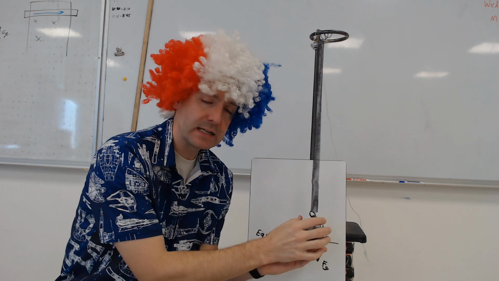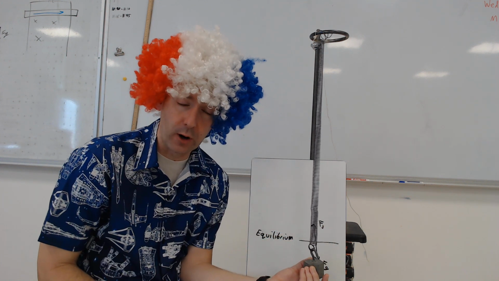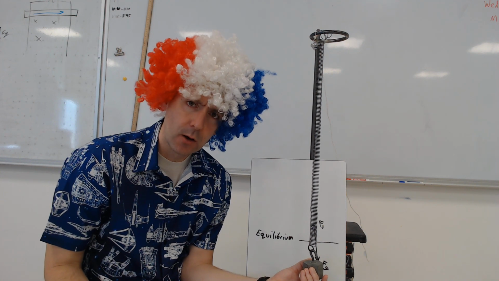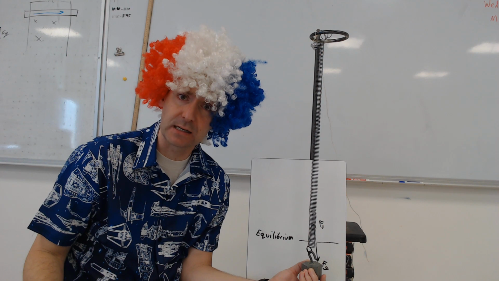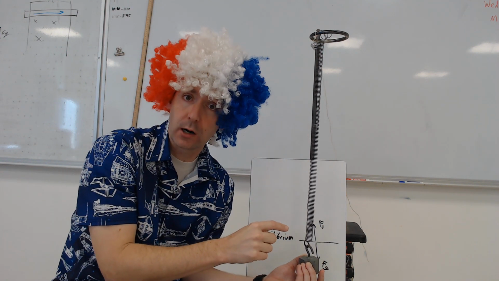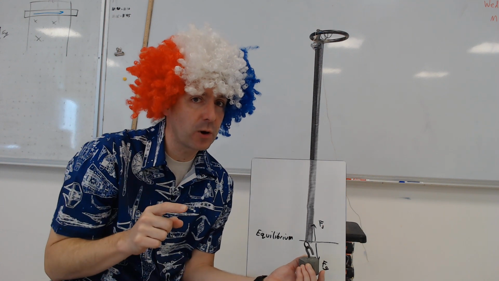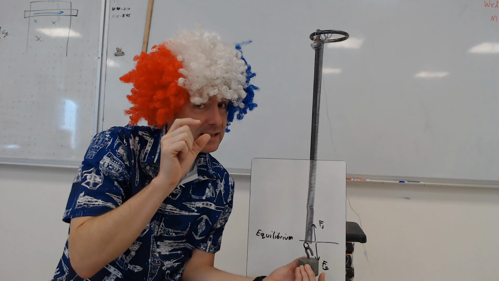However, if I were to take my block and pull it down below my equilibrium point, what's going to happen? Well, hopefully you're recognizing that the force of gravity stays the same. That's not affected. However, because my spring has stretched out more, remember that the force of the spring is equal to kx. That was Hooke's law. So x is the displacement.